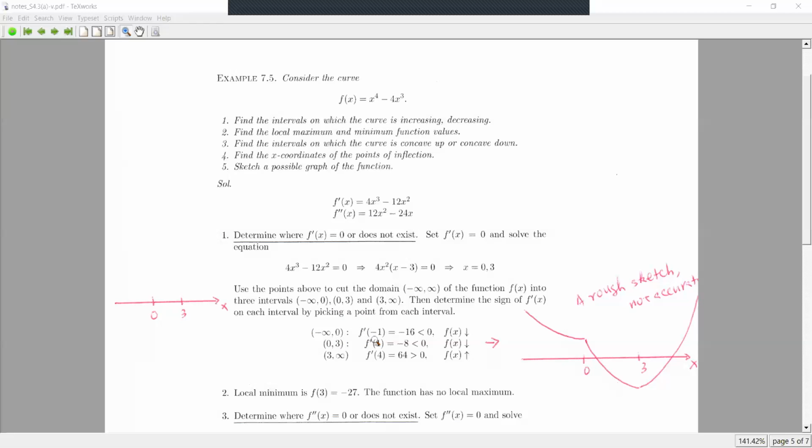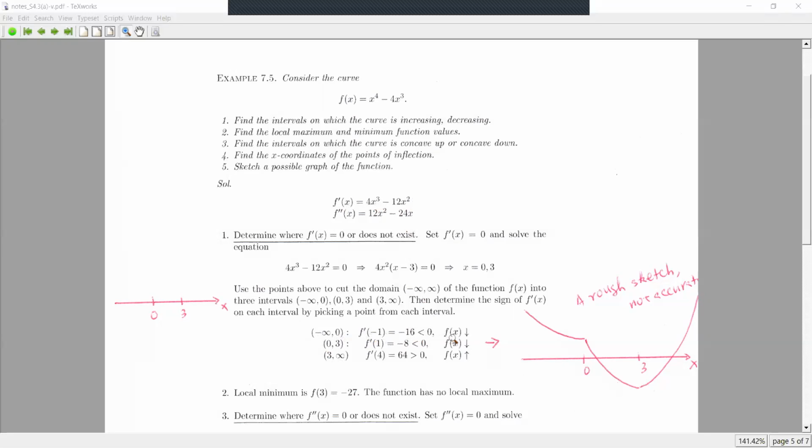That means plug in -1 for x here. So we get the derivative at -1 is 4 times -1 to the third minus 12 times -1 squared. I get -16, less than 0. So over this interval, the derivative is less than 0.